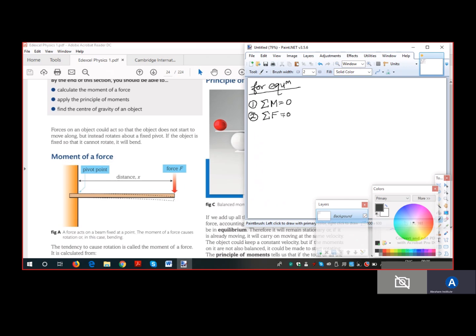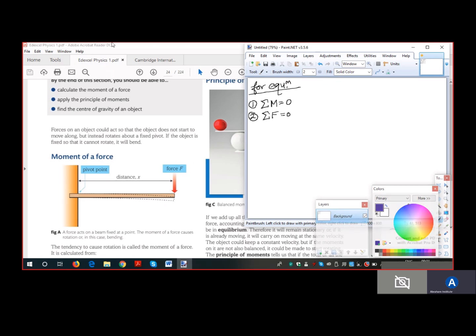And the second means the sum of forces in one direction should be equal to the sum of forces in the opposite direction. If so, the resultant force is zero. So when these two conditions are met, the object will be in equilibrium.